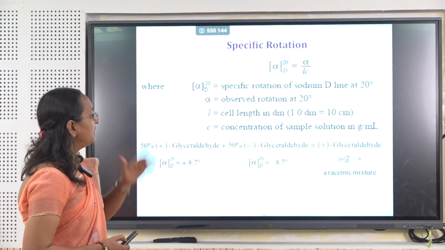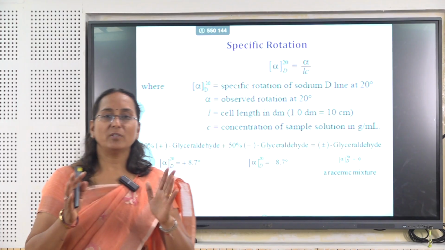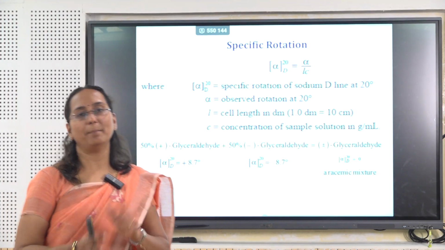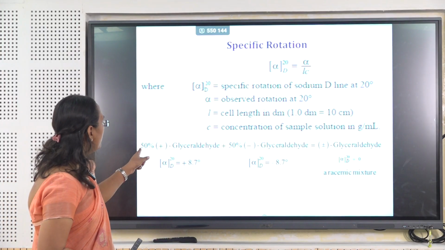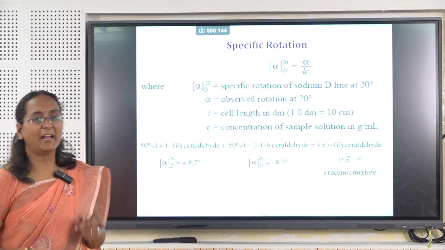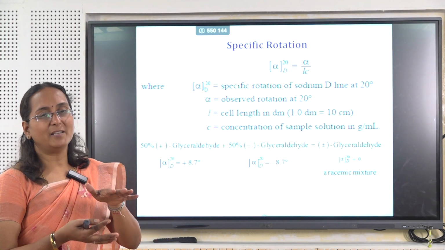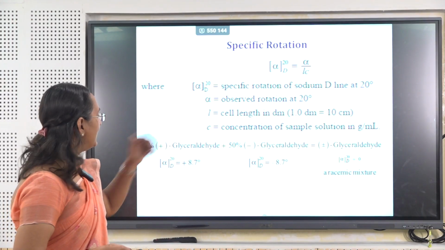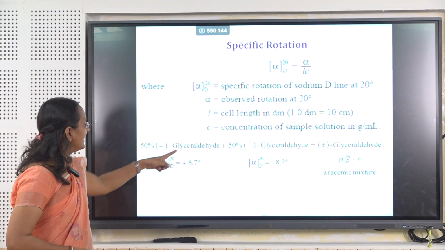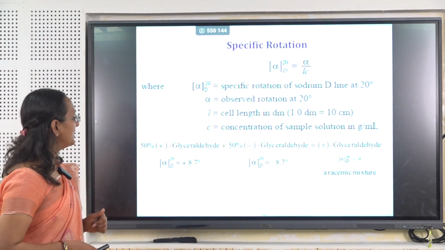Here we can see an example of glyceraldehyde. A racemic mixture is a combination of the plus form and the minus form. Here, if we take 50% of plus glyceraldehyde and 50% of minus glyceraldehyde, both combined form plus-minus glyceraldehyde. The specific rotation of plus glyceraldehyde is plus 8.7 degrees.